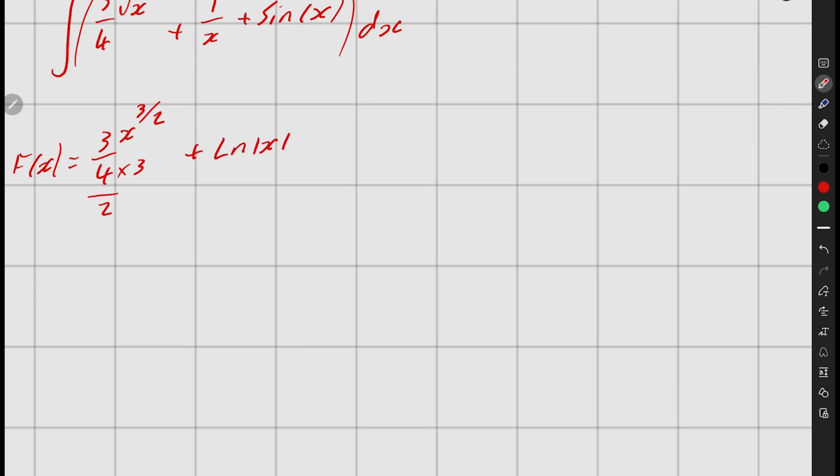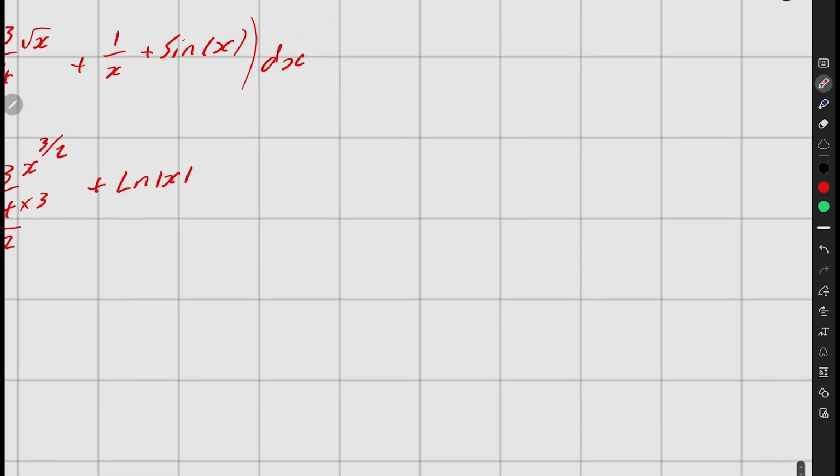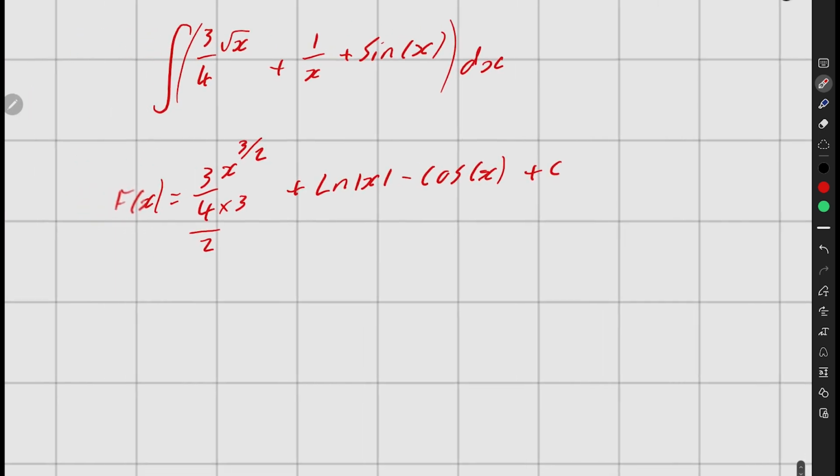Sorry, I should have mentioned before. Always write absolute brackets around x when we're doing the rule for 1 on x becomes ln x. That's just another thing that we need to do. So always make sure you write absolute brackets around that. It's not a big deal, but sometimes it might matter. Alright. Then sine x we know becomes negative cosine of x. And don't forget your plus c.